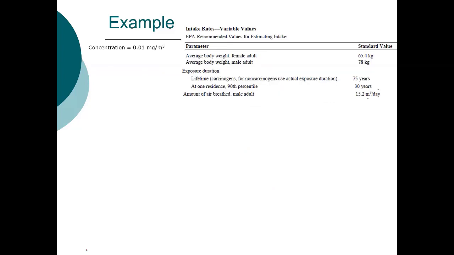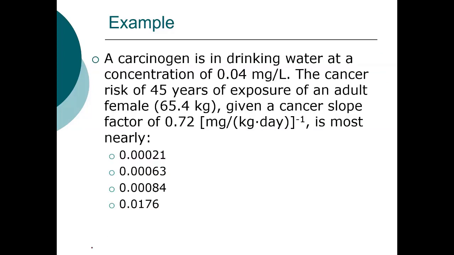I put in a slide here, which I haven't used, but you can see here the appropriate data that you would need for this calculation. To calculate the risk, that is your CDI times the potency factor, or the cancer slope factor.